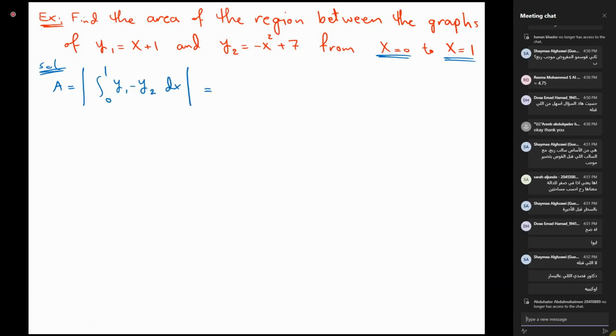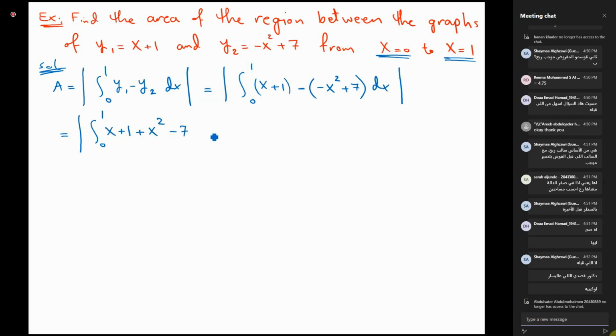So this equals absolute value from 0 to 1 of x plus 1, this is the y1, minus minus x square plus 7, this is the y2, dx. So we have absolute value from 0 to 1 of x plus 1 plus x square minus 7 dx.